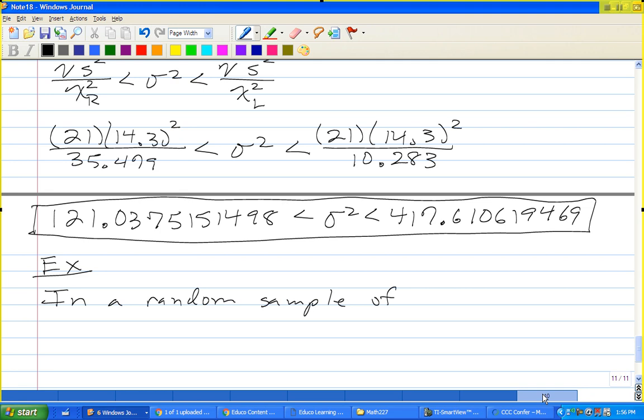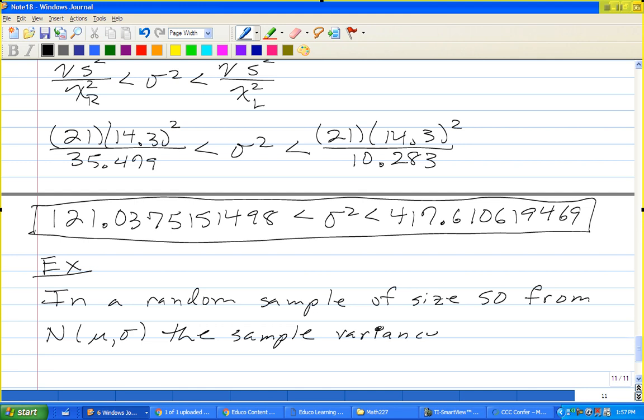So a random sample of size 50 from a normal population. The sample variance is 2.124. Determine the following.